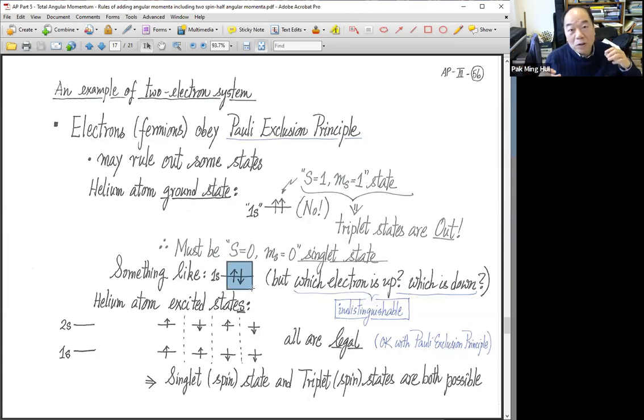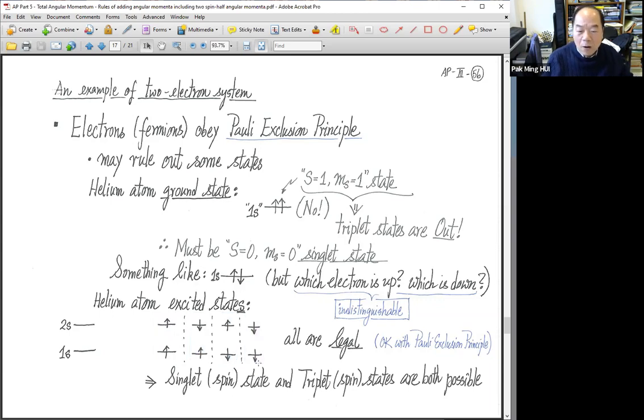And then we want to include the spin description. Thereby, there can be 4 possibilities, right? So you have spin up, down, up, down.